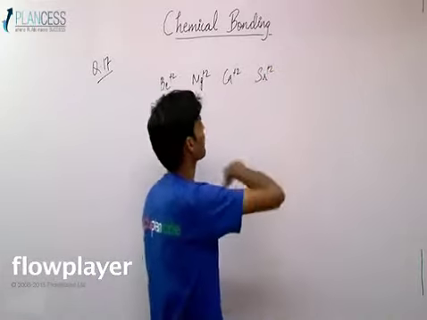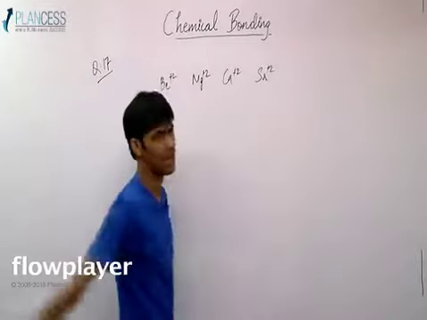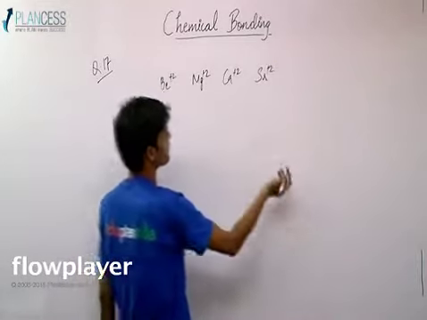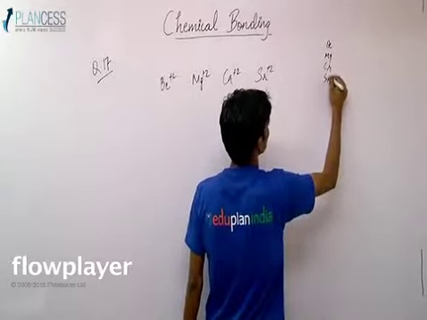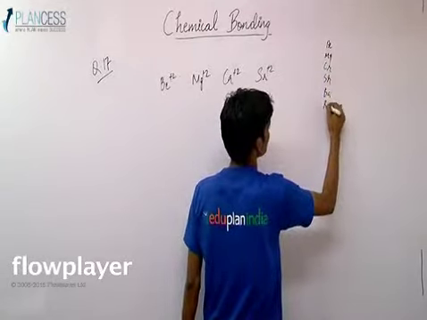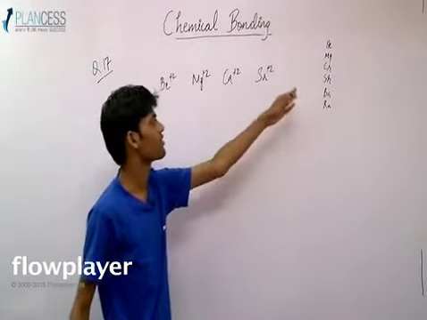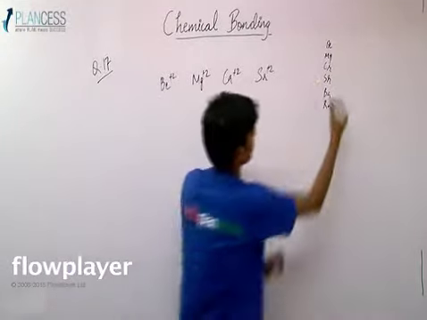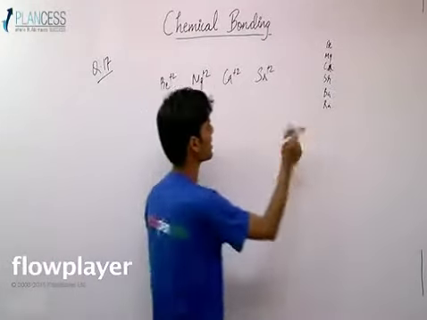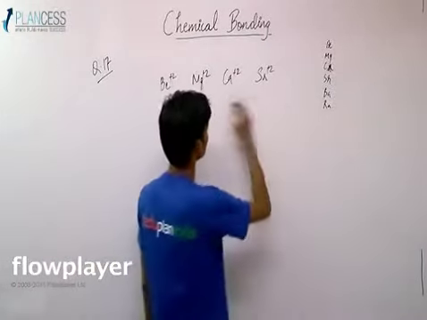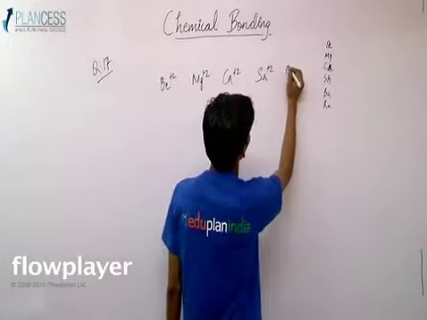In periodic properties, if you want to remember the alkaline earth metals, there is a mnemonic. So it is beryllium, magnesium, calcium, strontium, barium, and then radium. However, we don't talk about the radium. So Sr+2 and another one is Ba+2.